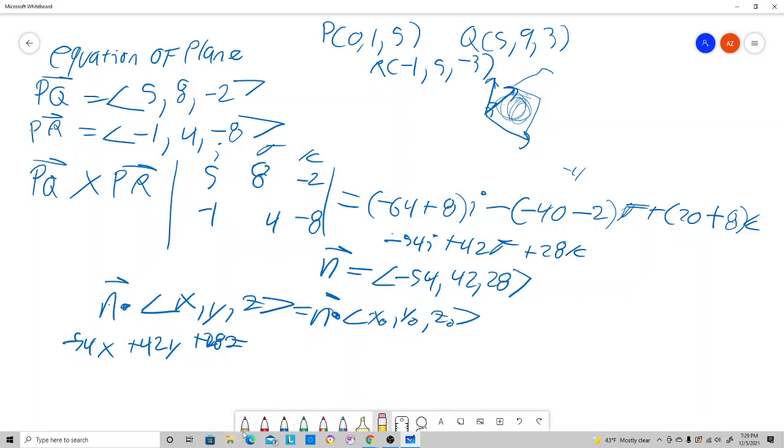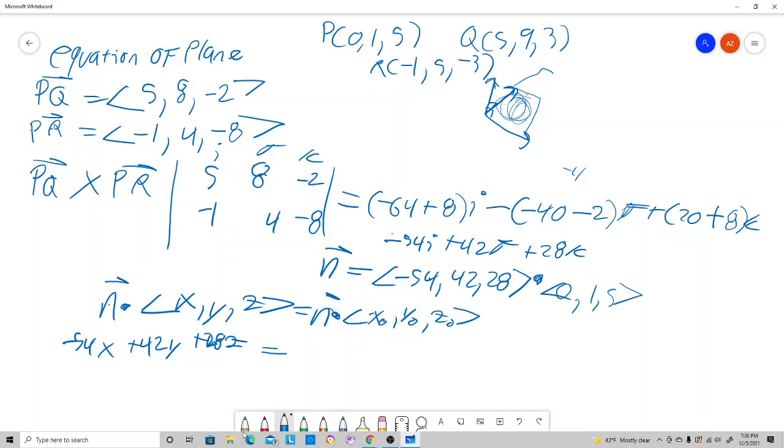And now all we gotta do is say that's equal to, so what's x initial? So I can use P. P was our initial. That's why I use initial for both of our points, so let's use P. So technically this thing is being dotted with 0, 1, 5.